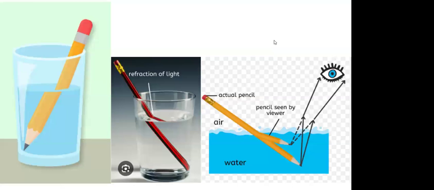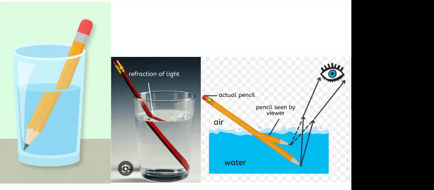Now, when you look at my screen, you are seeing some photos, and those photos display the effect of what we call refraction of light. When you look at the first one, when you place a pencil in water, you can notice that the pencil appears as if it is bent.